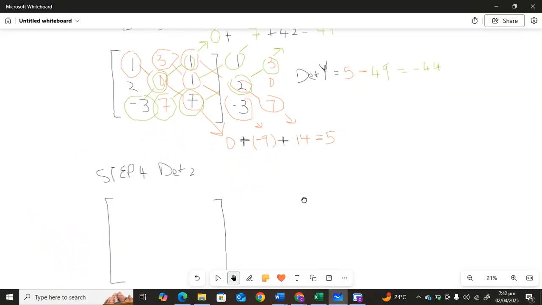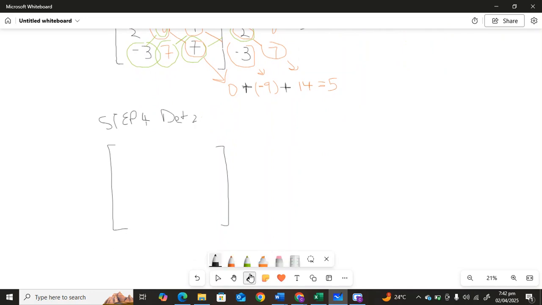All right. Yes. So the Z column we are replacing with 3, 0, and 7. The X column is still 1, 2, negative 3.